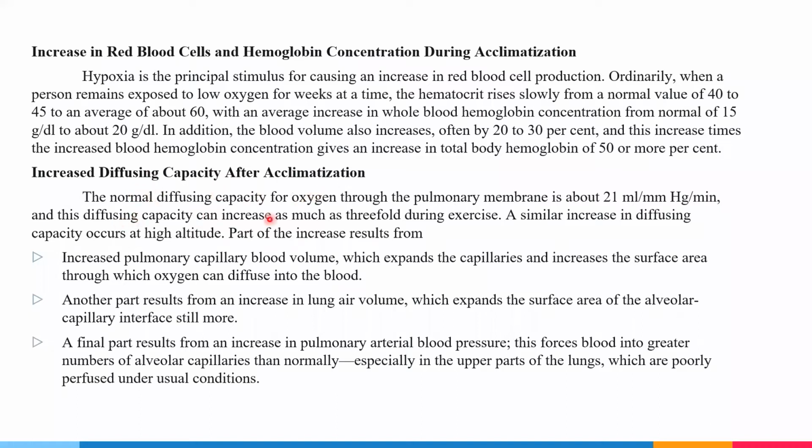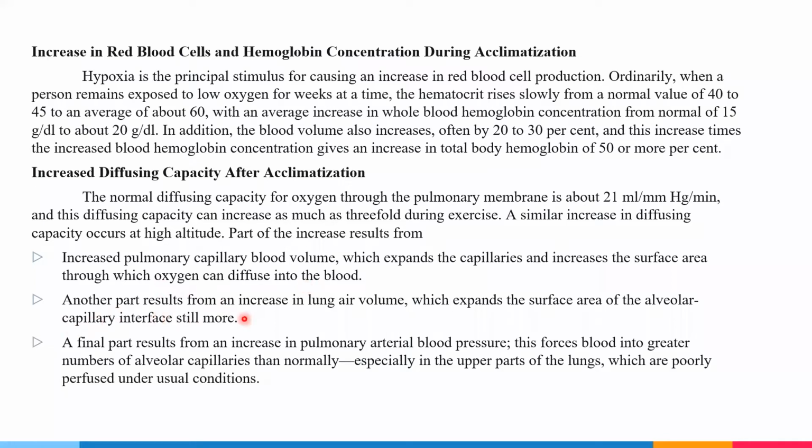Next is the increased diffusing capacity after acclimatization. The normal diffusing capacity for oxygen through the pulmonary membrane is about 21 milliliters per millimeter of mercury per minute. And this diffusing capacity can increase as much as threefold during exercise. A similar increase in diffusing capacity occurs at high altitude. Part of the increase results from increased pulmonary capillary blood volume, which expands the capillaries and increases the surface area through which oxygen can diffuse into the blood.